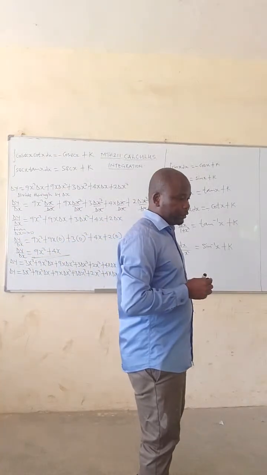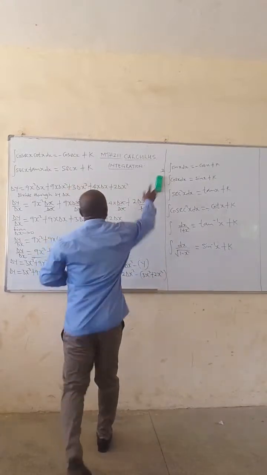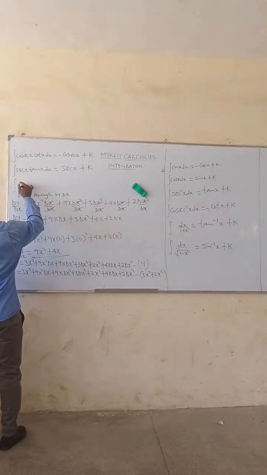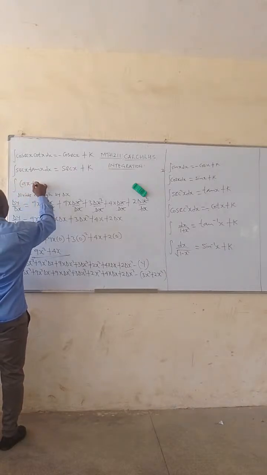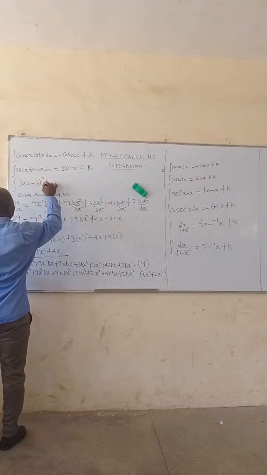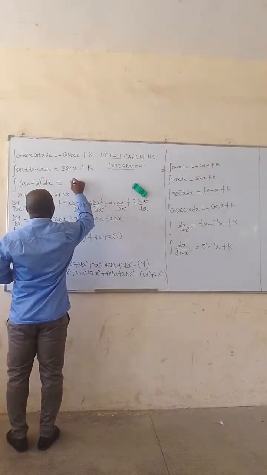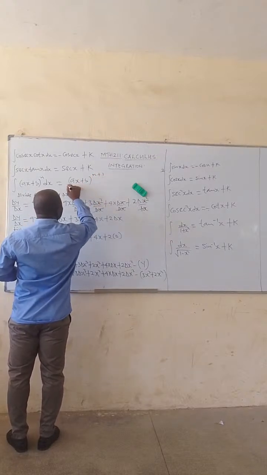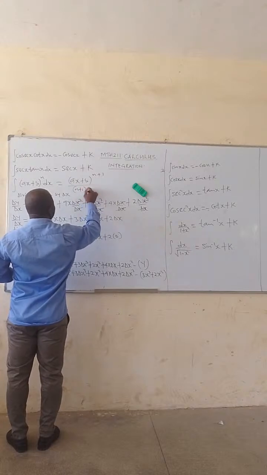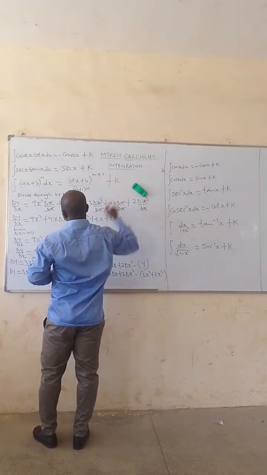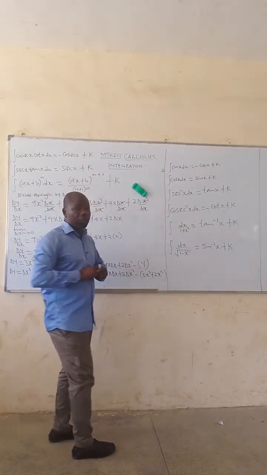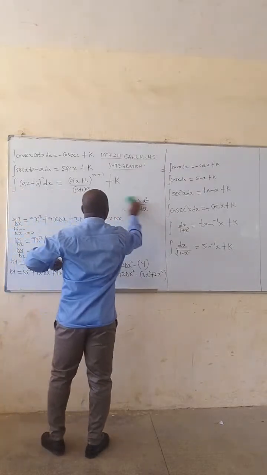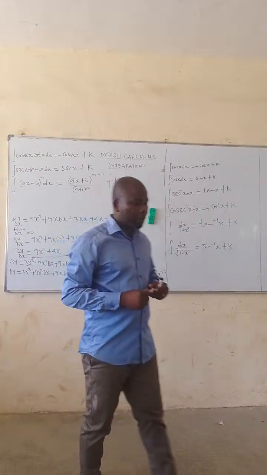Where we have integral of ax plus b raised to n dx, this is the same thing as ax plus b raised to the power n plus 1 all over n plus 1 times a, plus the constant. Take note of this because we'll be making use of all these things. Very important.